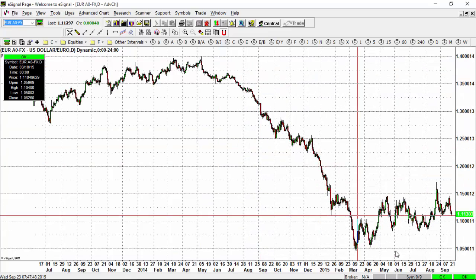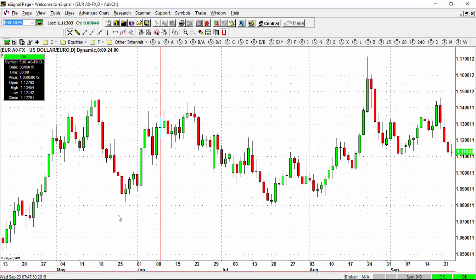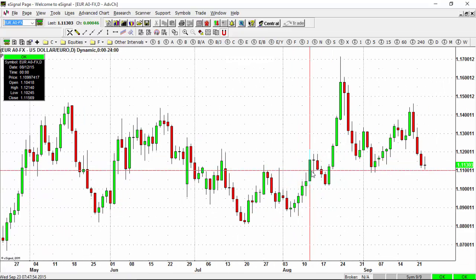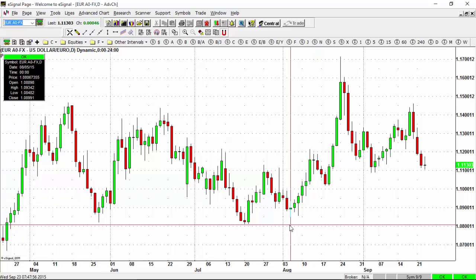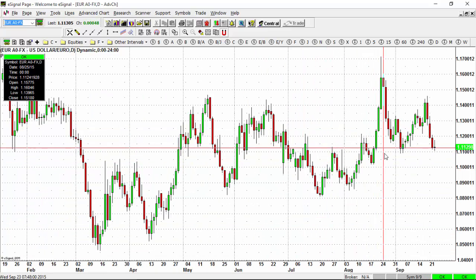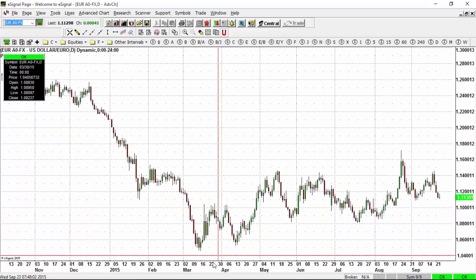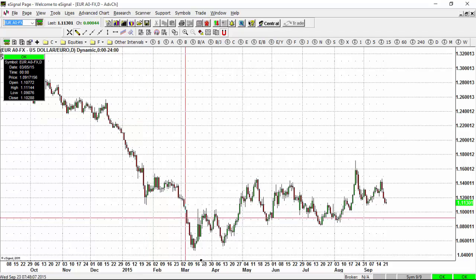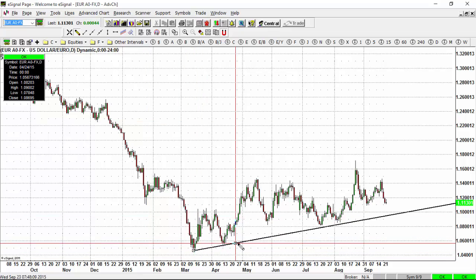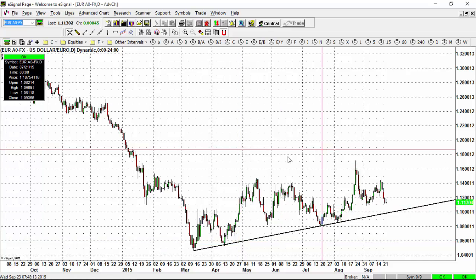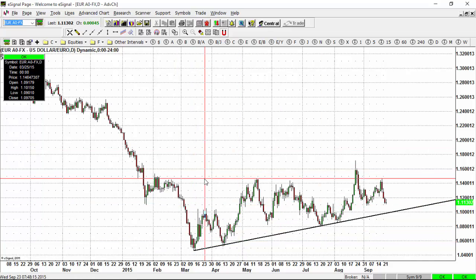The euro this morning is unchanged. We have a doji candle as of this recording. The market is just above support in the 111 area. A break below 111 would call into question this uptrend line, and we could see the market test this uptrend line that has been holding the market since March of this year, essentially.